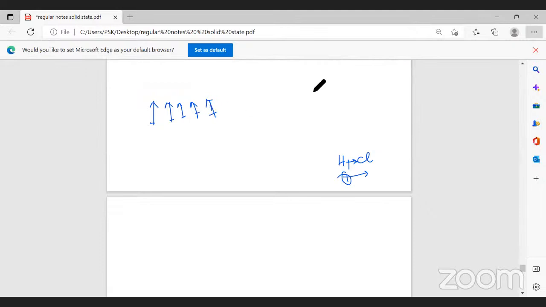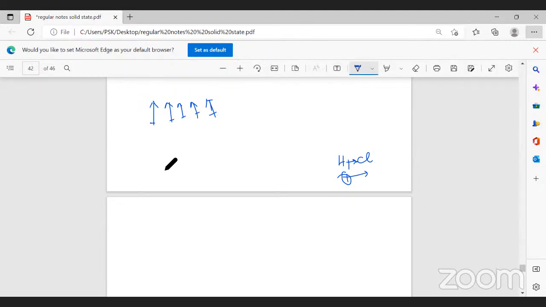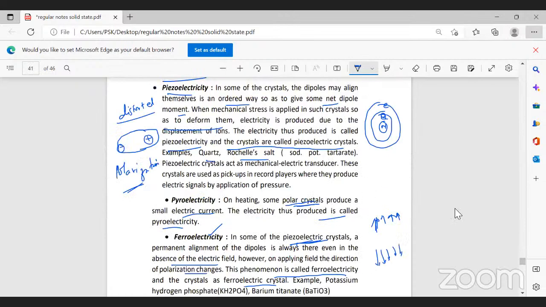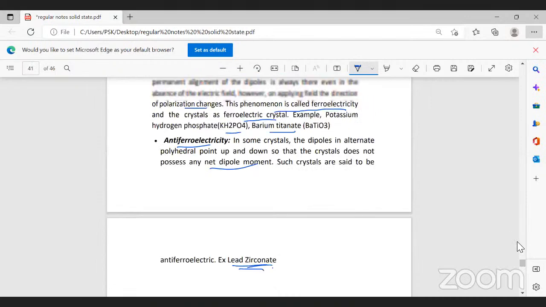But when you apply the electric field, the direction changes like this. I'm writing it opposite. It can be in any direction. So these kind of materials are called ferroelectric materials, ferroelectricity otherwise. Followed with this now? Yes, sir.